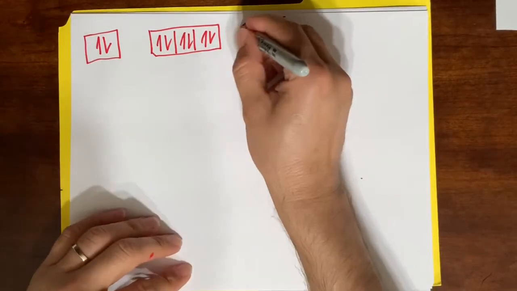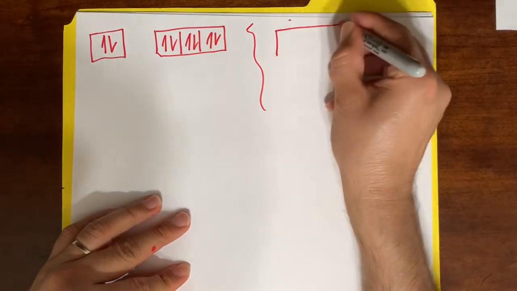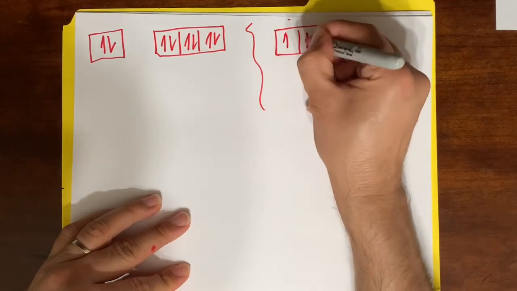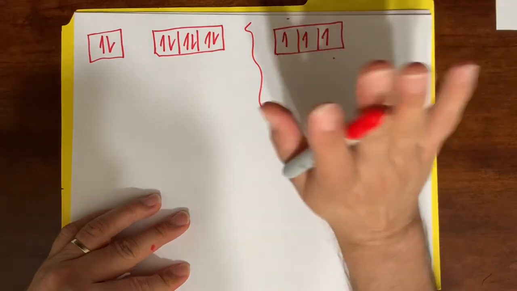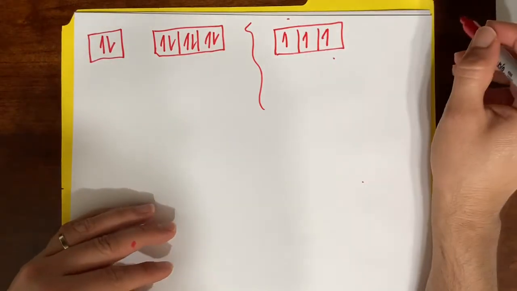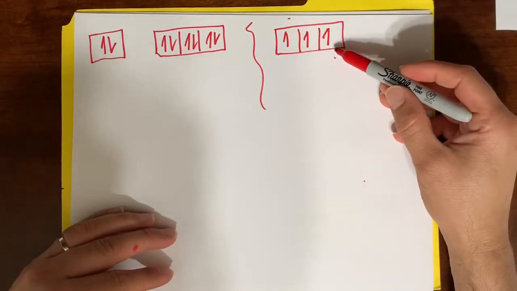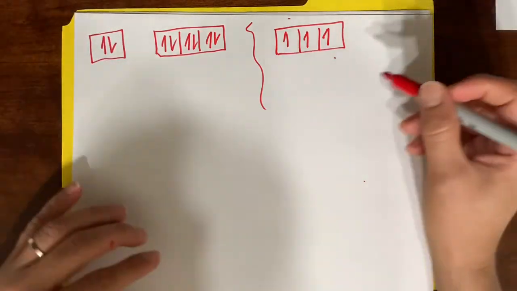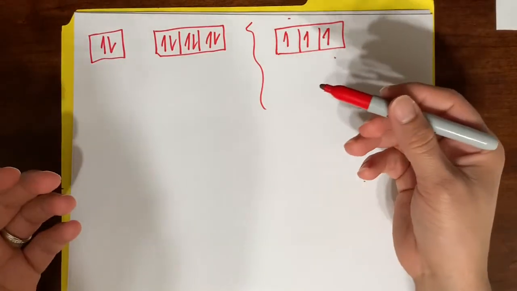Or if you have a p orbital that has only 3 electrons, not 2, not 4, only 3 electrons, again this orbital is stable. We say there is a symmetry.